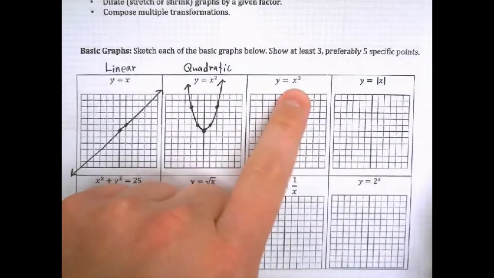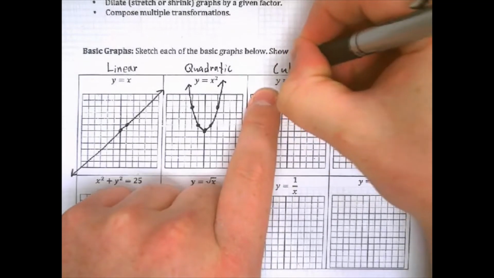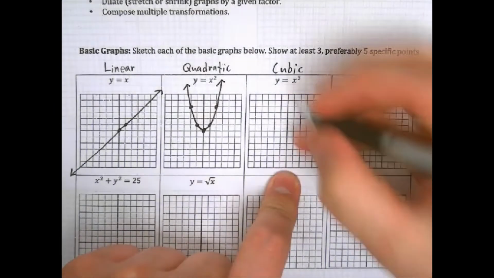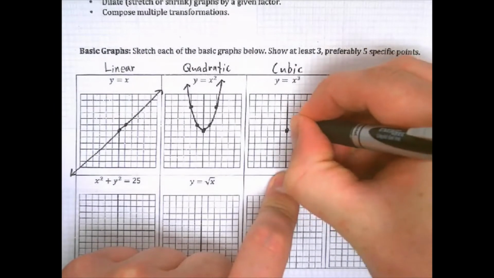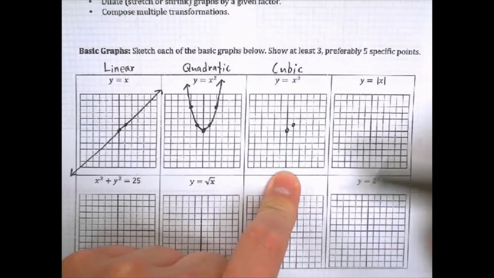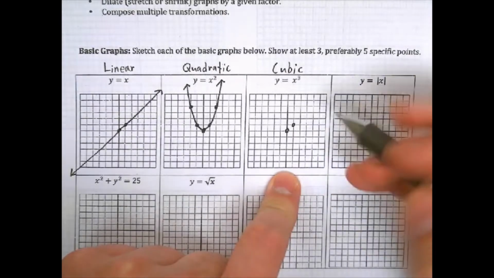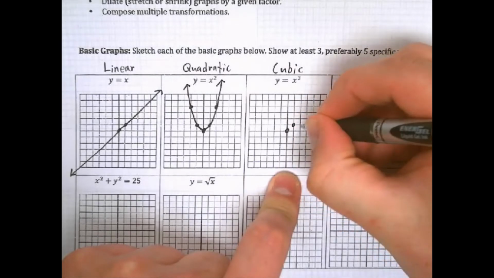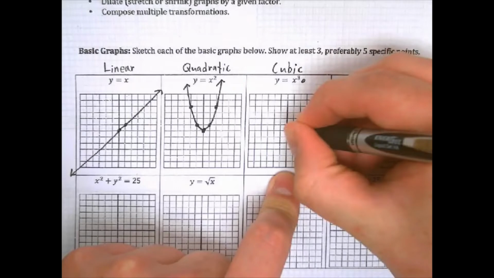The next one, since the exponent is a 3, is a cubic function. It will be very similar to a quadratic function where I start at 0, 0, I go over 1 up 1, but then instead of squaring it, I'm going to be cubing it each time, because 1 times 1 times 1 is still 1, but 2 times 2 times 2, which is 2 to the third, ends up being 8, 1, 2, 3, 4, 5, 6, 7, 8, which goes off the graph.